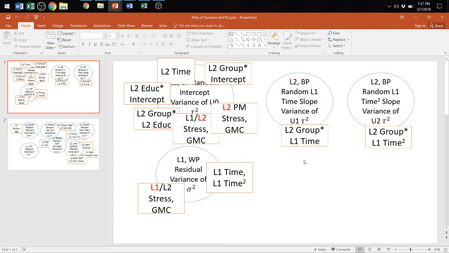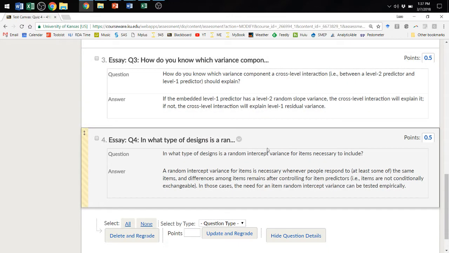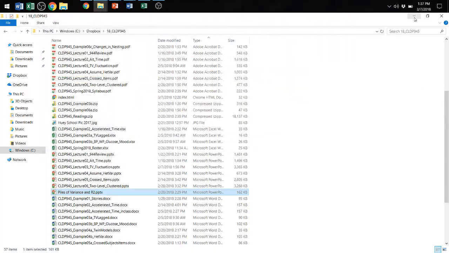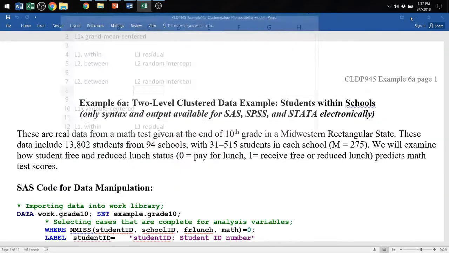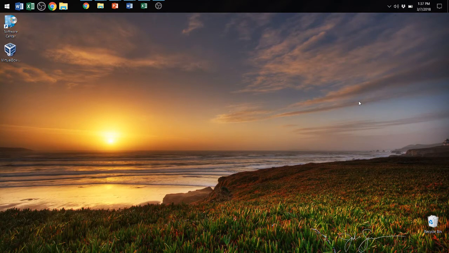All right, good. And then last but not least, random intercept for items. There was a long discussion about this in chapter 12 that may or may not have read carefully depending on your need, but when do you need to worry about having a random intercept for items? What kinds of research designs?